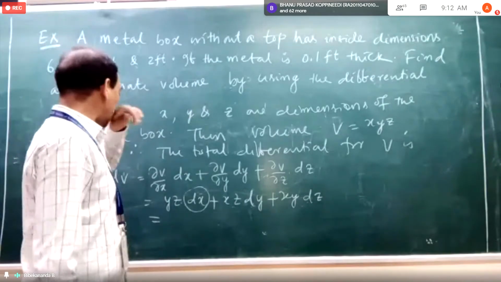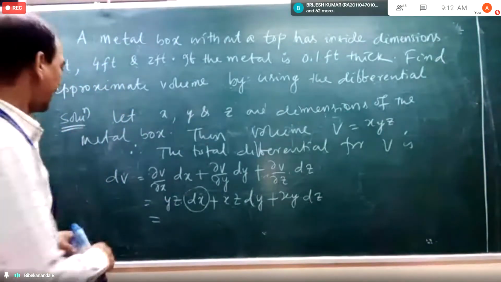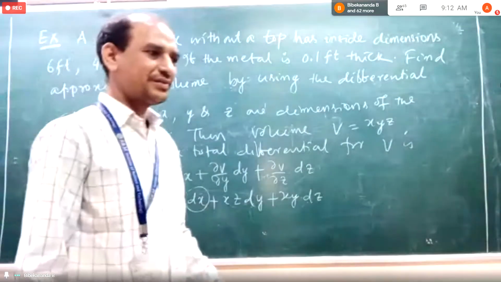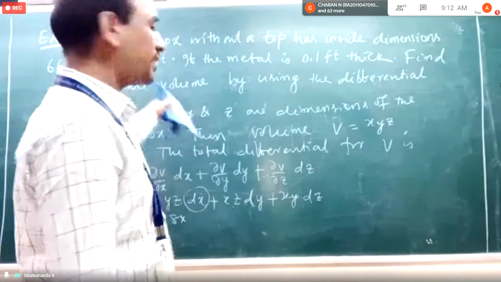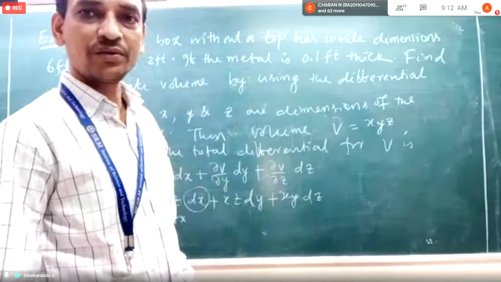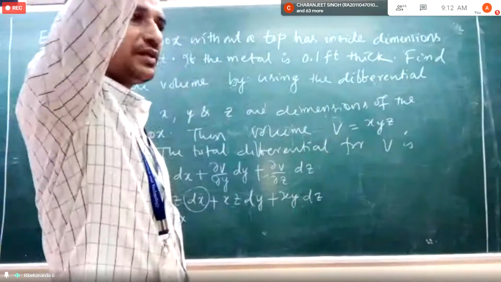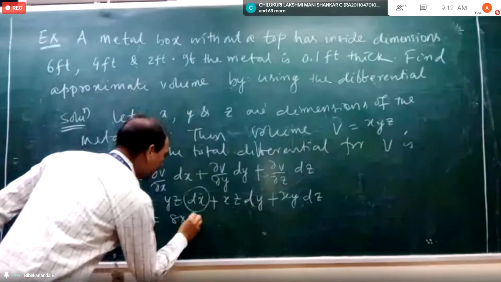Then what will be the value of yz? 8. 8 into what will be the value of dx? 0.1. 0.1 you take, or you can take 0.2, because I am taking z is the height. So what will be this? 0.2.